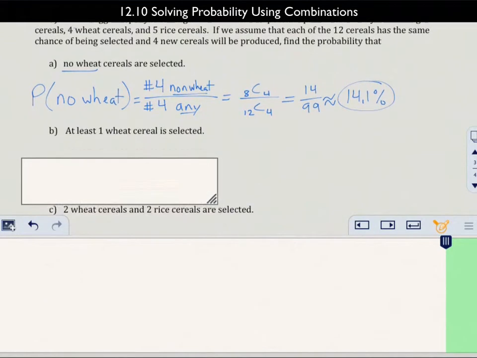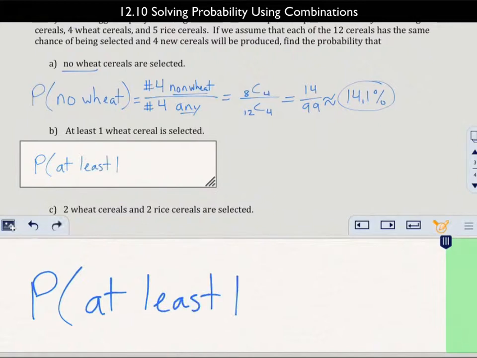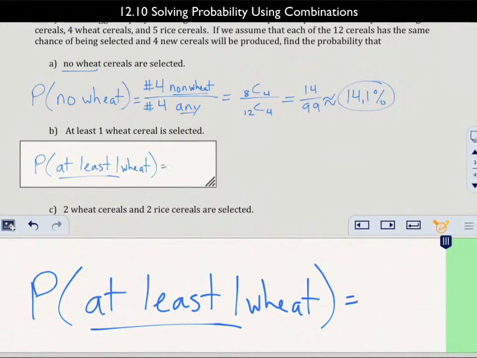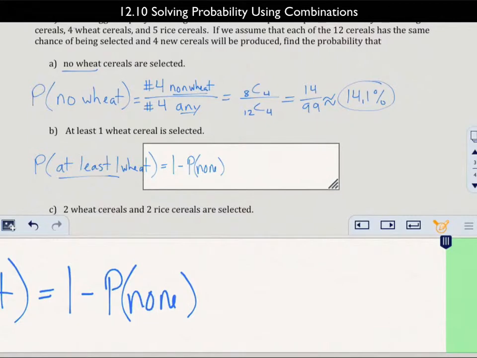All right, let's try letter B. Here we want the probability of at least 1 wheat cereal. So if we remember, the probability of at least 1 is always going to be 1 minus the probability of none, or no wheat cereals.